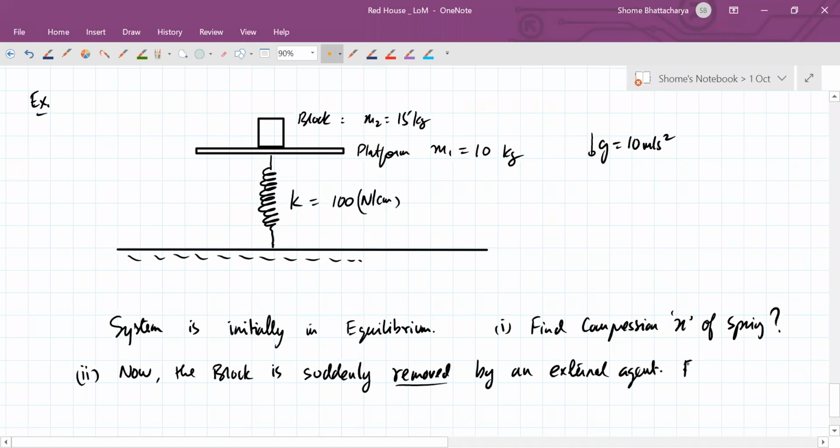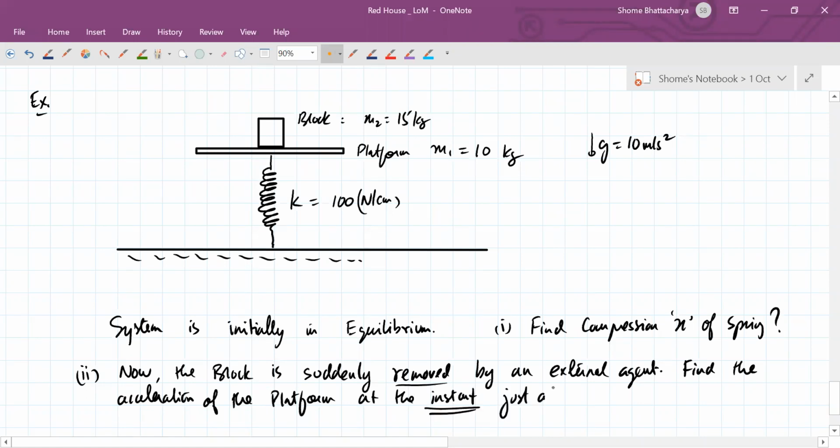Find the acceleration of the platform at the instant, that means just at that moment, just after the block is removed.